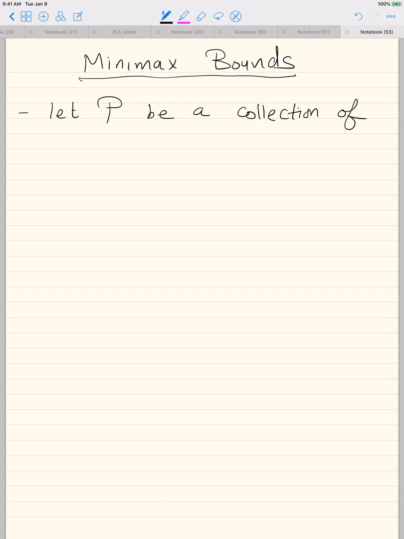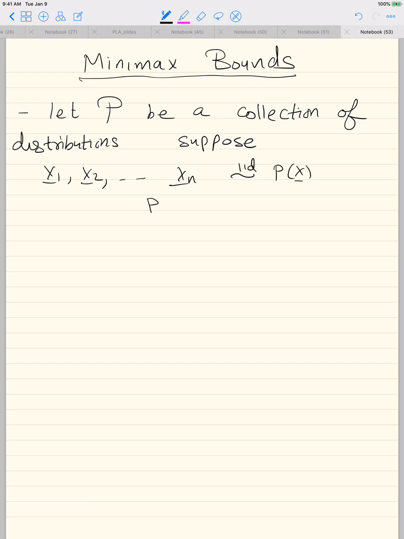So let P be a collection of distributions, and suppose we have some samples x1, x2 up to xn sampled IID from P, where P belongs to this collection of distributions.